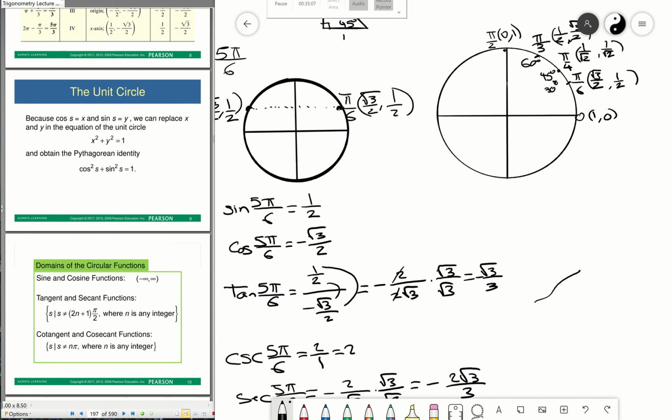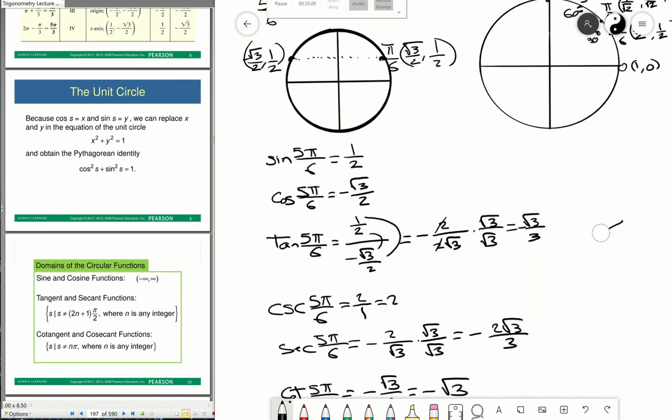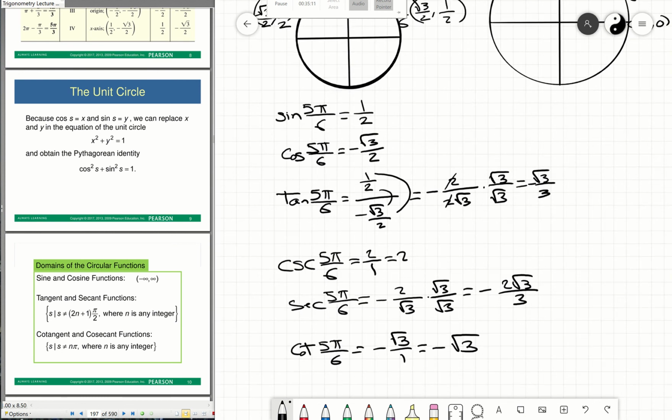So make sure that you study this problem and fully understand these before you proceed.